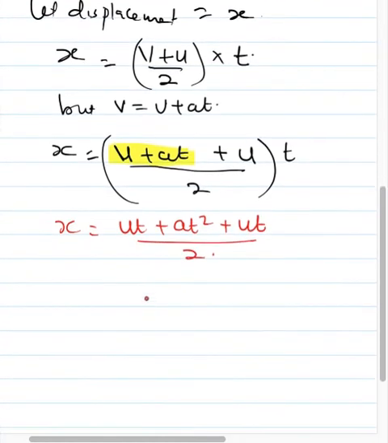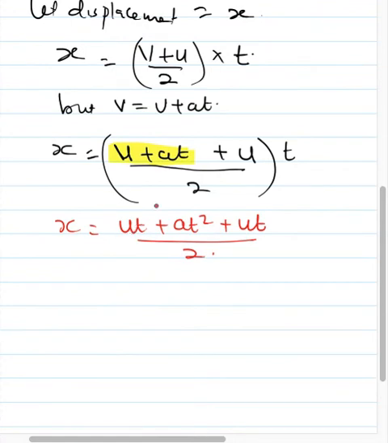This ut and this ut are like terms, so they will be put together to become 2ut plus at squared all over 2.